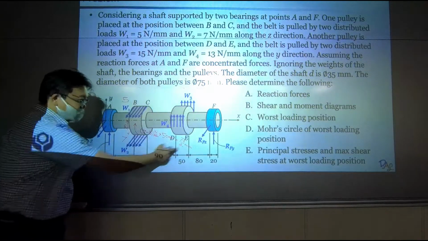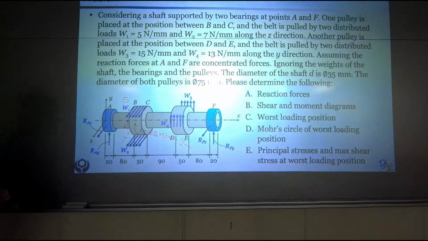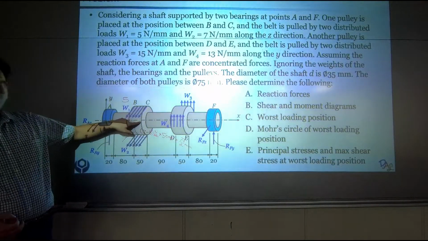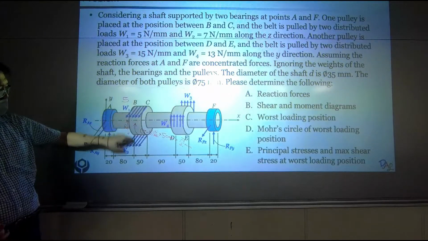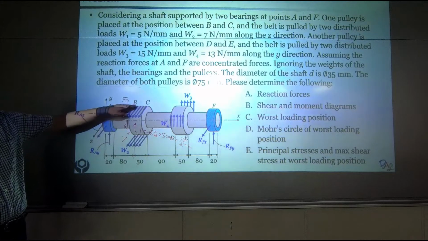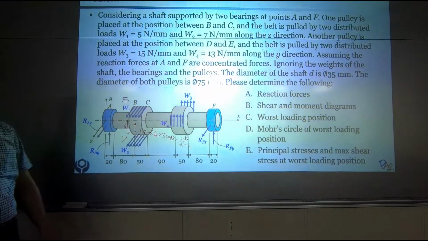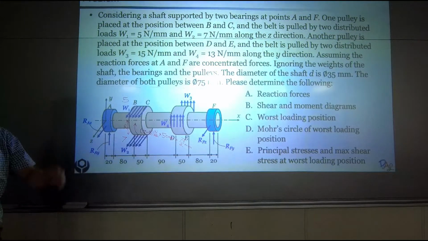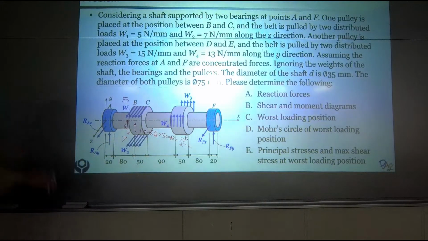So this will be the moment that is generated at this point because of the difference of the pulling force, the tensional force from one end to the other end. For pulleys, it's always like that. One edge is having greater tension, the other one is not.